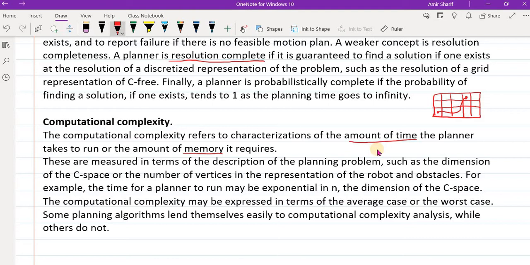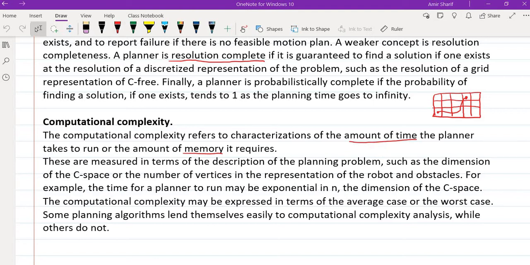But if you describe your robot with a complex shape, and the obstacles with more vertices and more complex shapes, then your problem will become more computationally complex. For example, the time for a planner to run may be exponential in n, the dimension of the C-space.